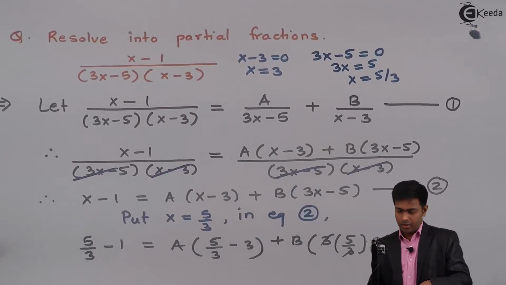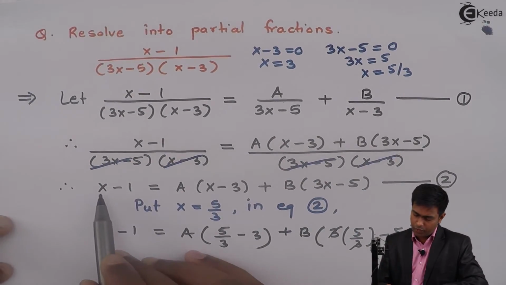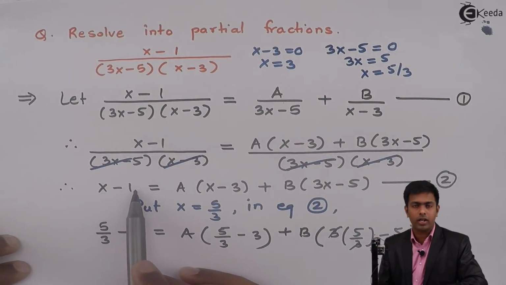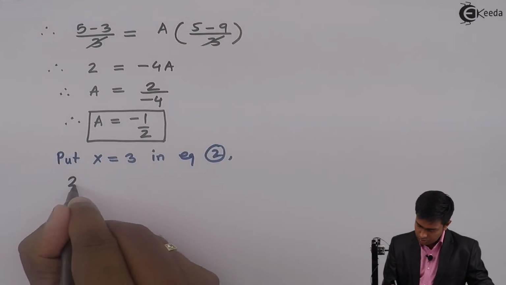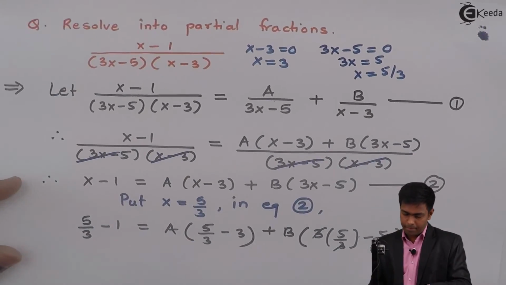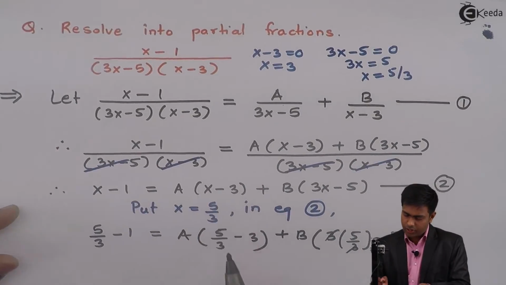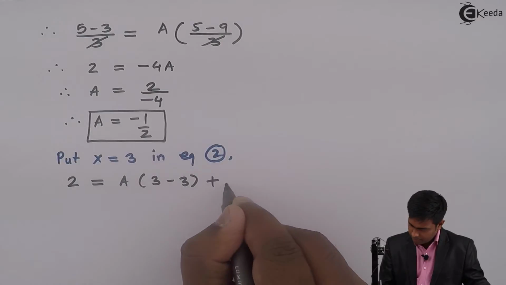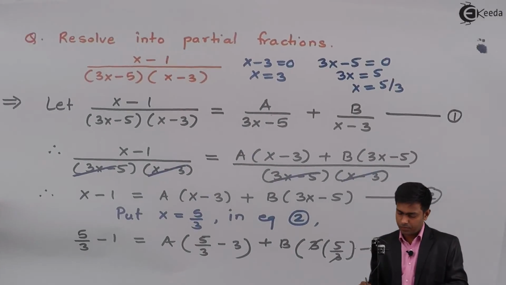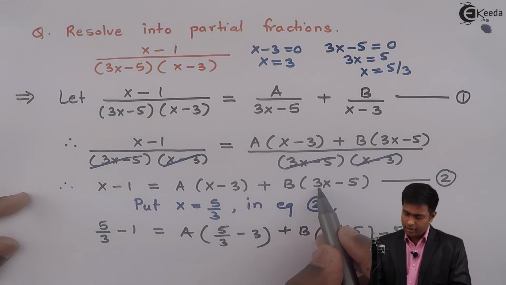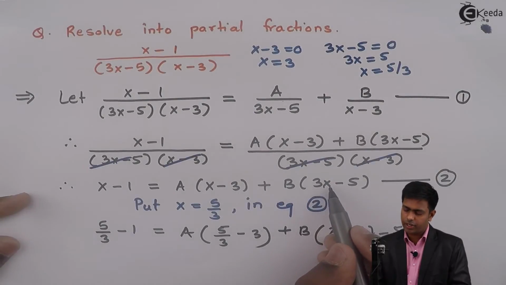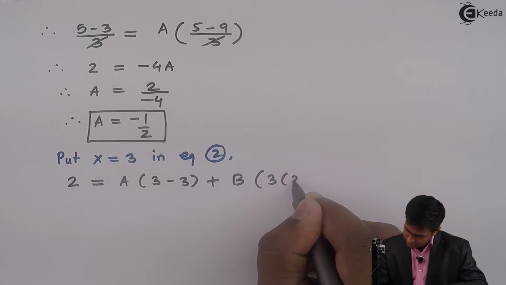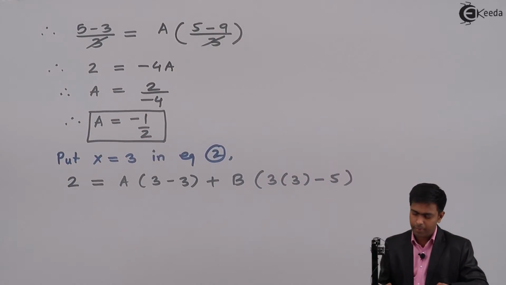Equation number 2 will become, substituting the value 3, 3 minus 1, that is 2, equal to A into (3 minus 3) plus B into (3 into 3 minus 5).